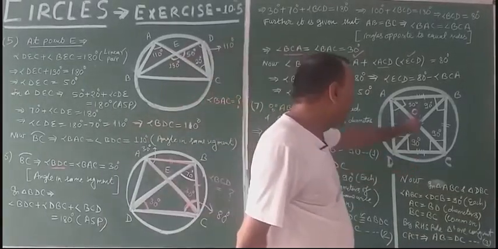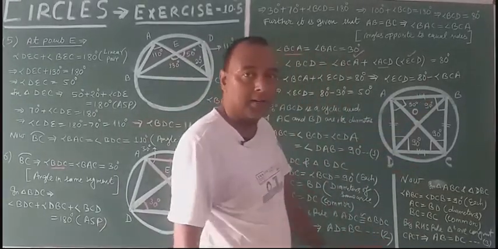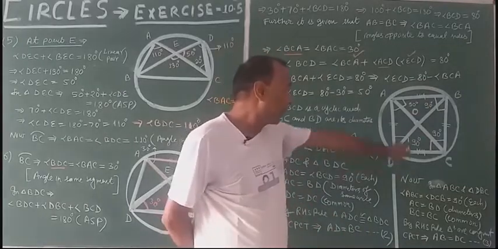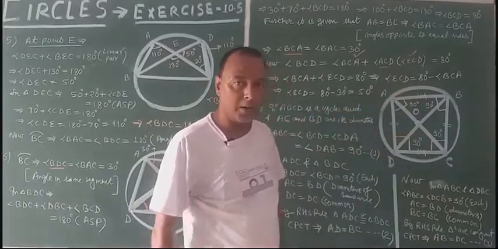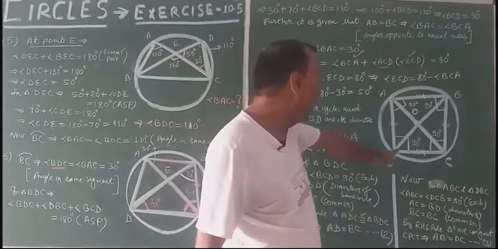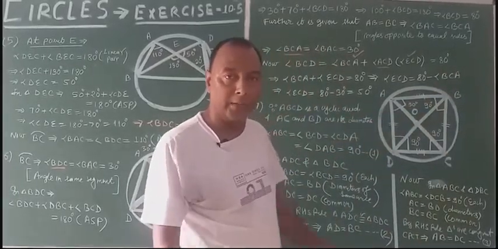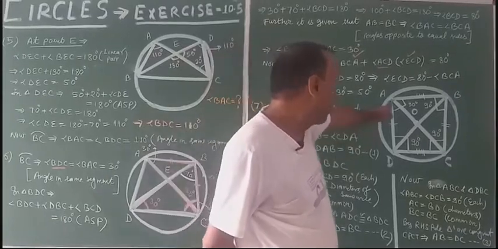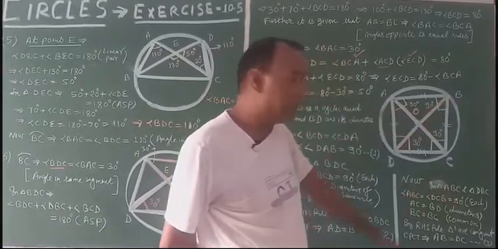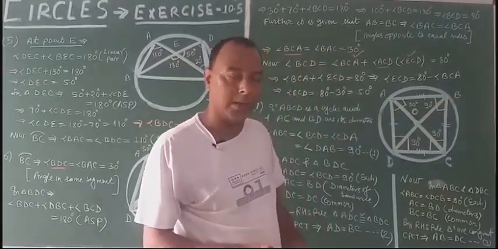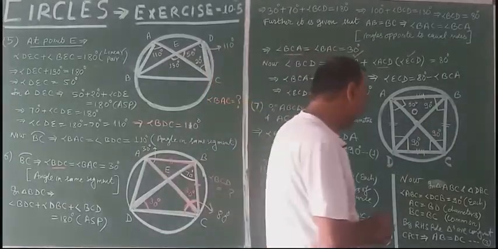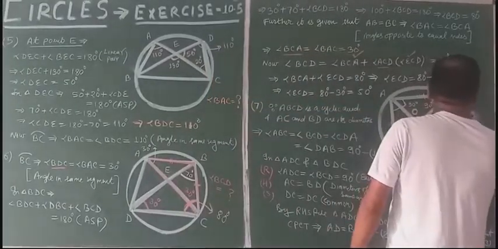Pairs of opposite sides of the quadrilateral are equal and all the angles are equal to 90 degrees. So therefore, this given quadrilateral ABCD is a rectangle. So this is the last line of the question.